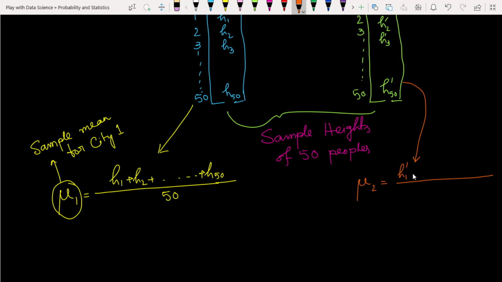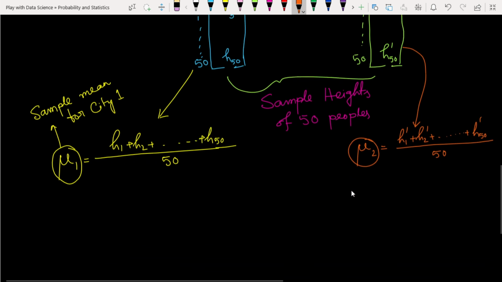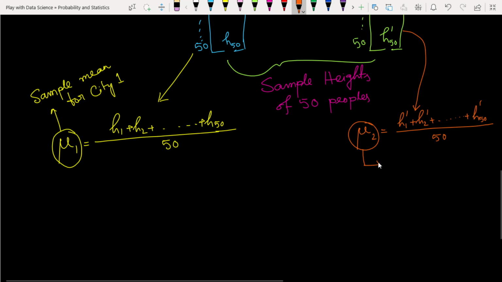This value will be h1 dash plus h2 dash up to h50 dash, divided by 50. So this value is simply the sample mean for city 2.